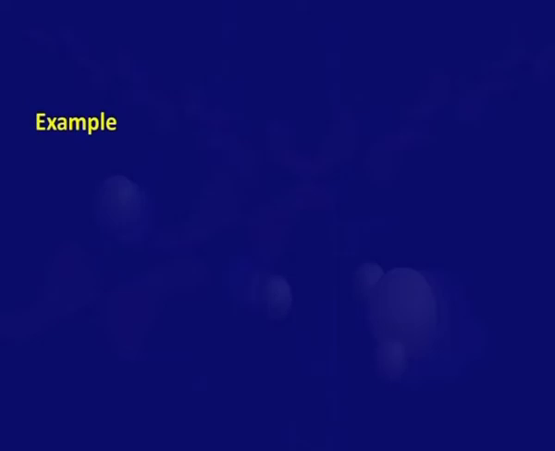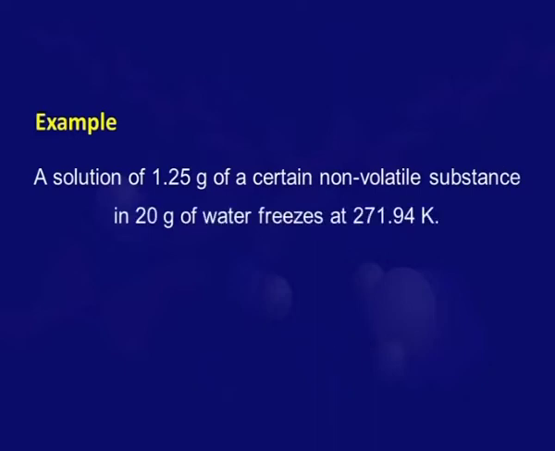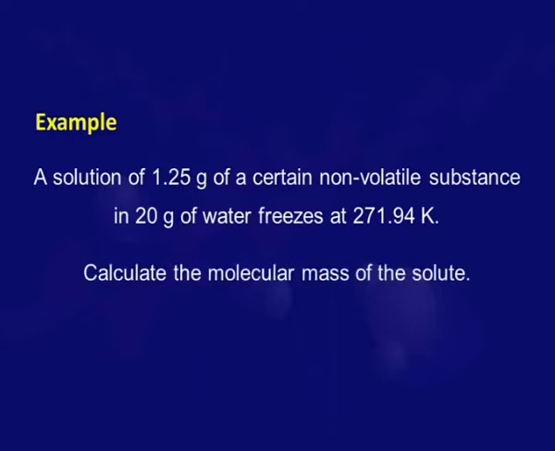Molecular mass of the solute can also be calculated with the help of this example. A solution of 1.25 grams of a certain non-volatile substance in 20 grams of water freezes at 271.94 Kelvin. Calculate the molecular mass of the solute. Kf is given as 1.86 Kelvin kg per mole. As you know, freezing point of water is equal to 273 Kelvin.